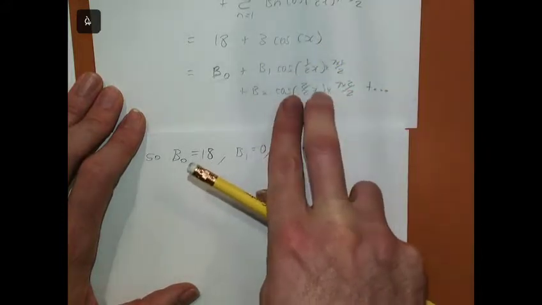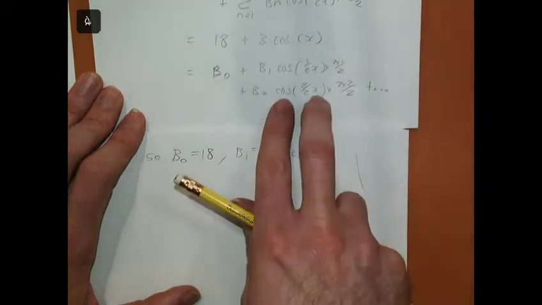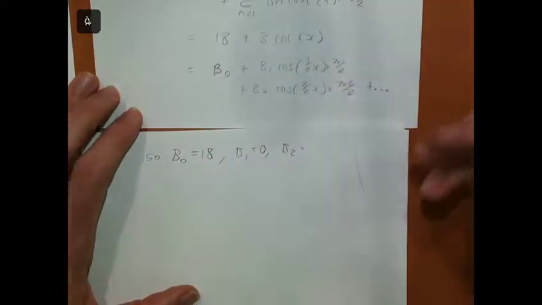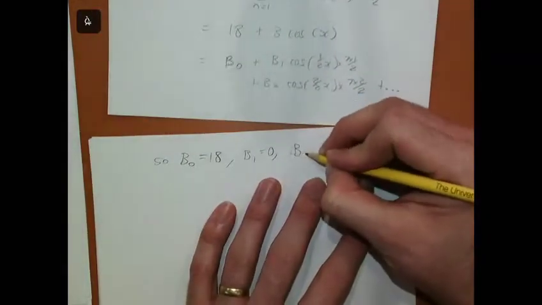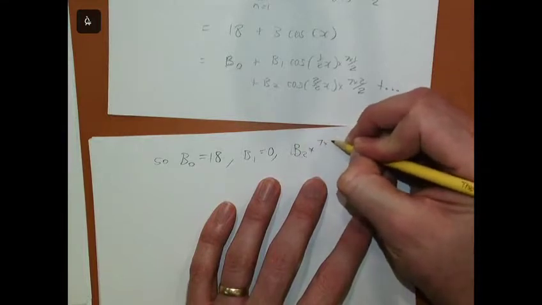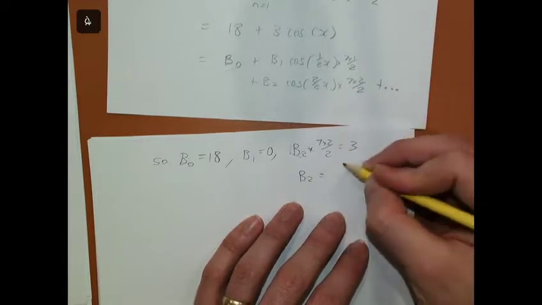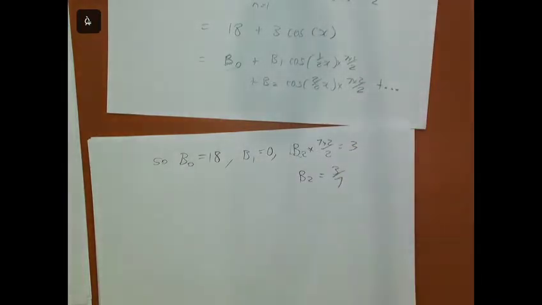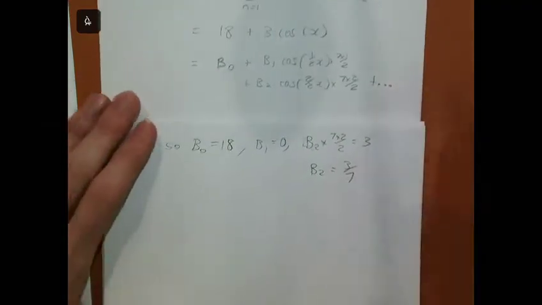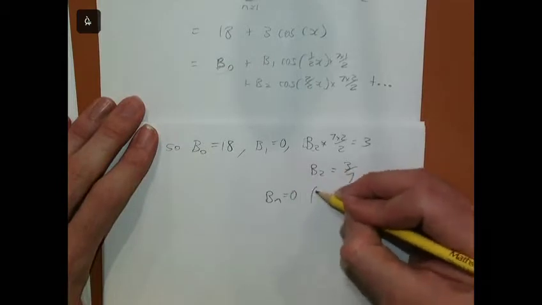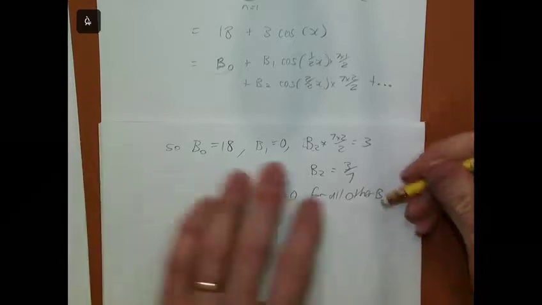The constant attached to cos of 2 on 2 x, which is cos of x, this constant here is 3. So it's actually not that B2 is 0, but that B2 times 7 times 2 over 2 is 3, which means that B2 is 3 on 7. And then none of the other b's even appear in this. There aren't any other ones, and so Bn equals 0 for all other n.